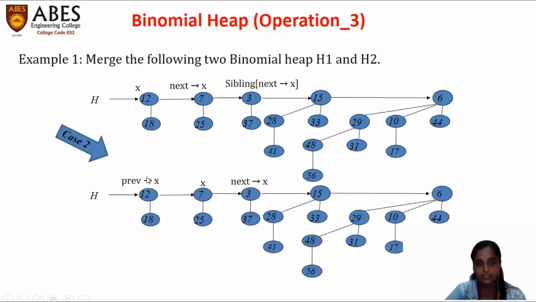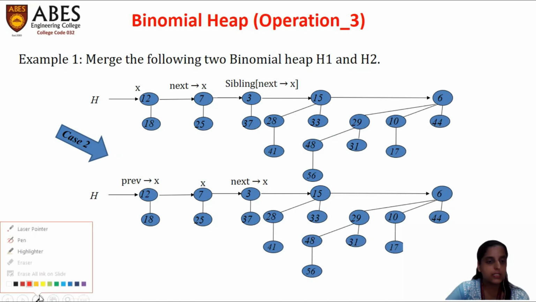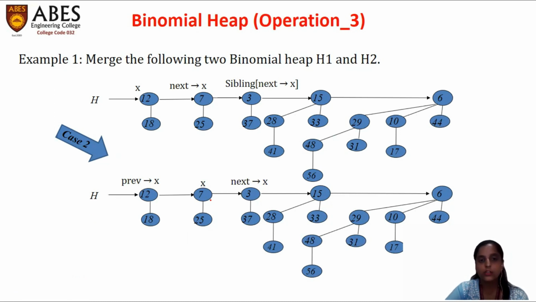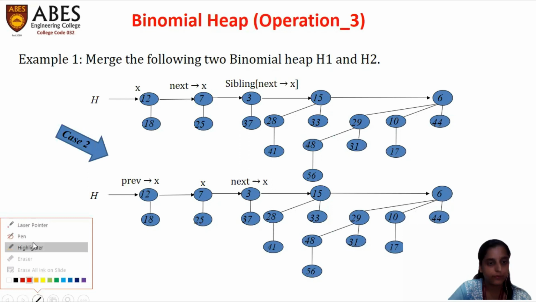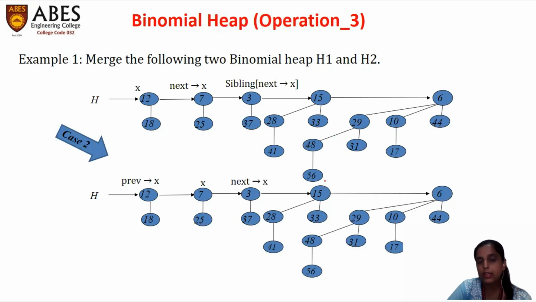Now the previous x, this x, becomes the previous of x, and our new x will be this, right? So we'll apply cases on this scenario again. This is x, this is next x, and this is our sibling of next x.